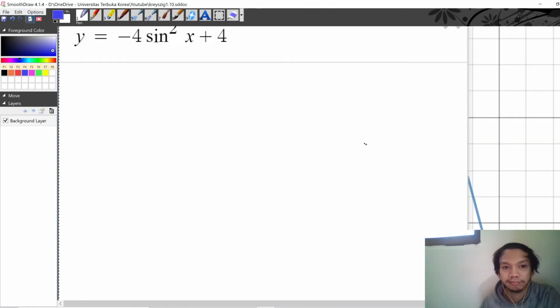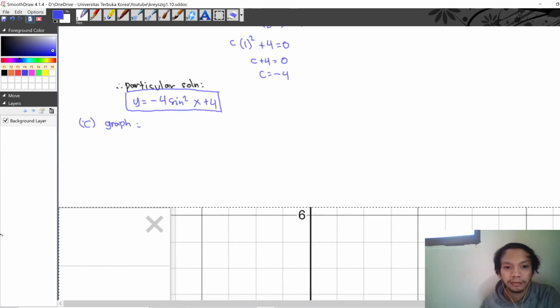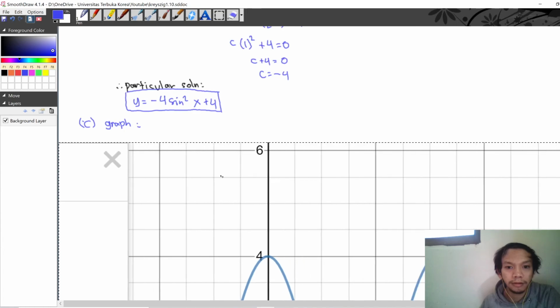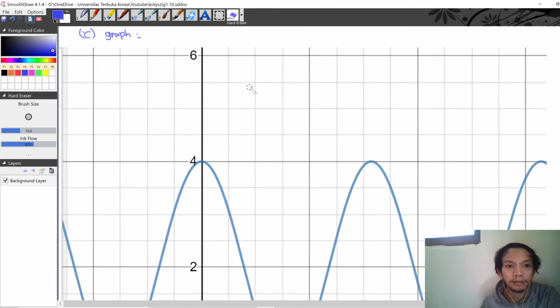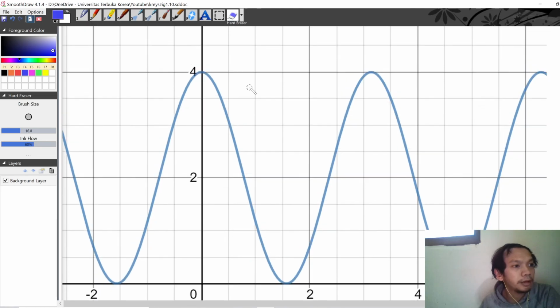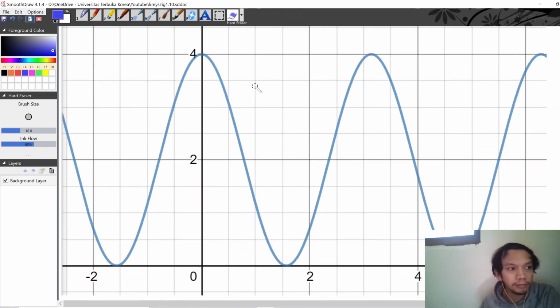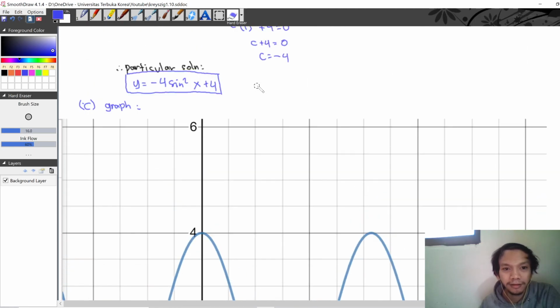Oh, it's too big. Yeah, but you got the idea. The graph is too big. Yeah, this is the graph. I don't want to resize it, but yeah, this is okay.